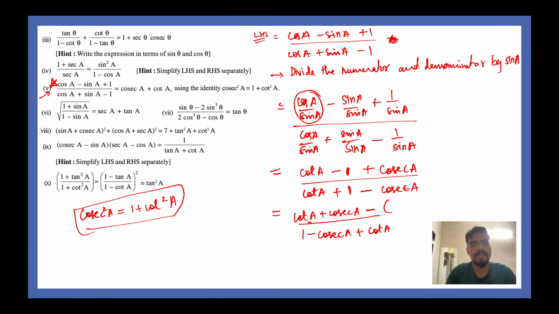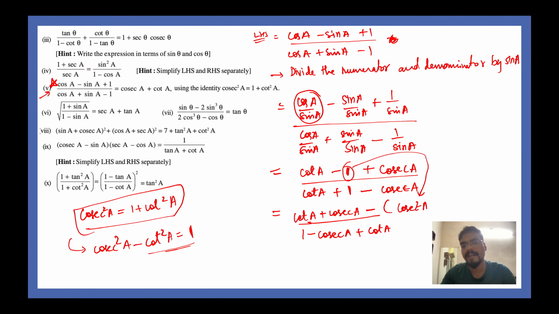So instead of writing 1, I am changing this into cosec square A minus cot square A.